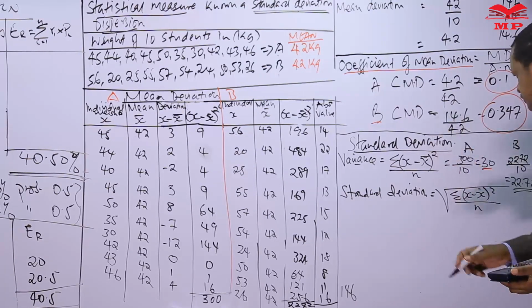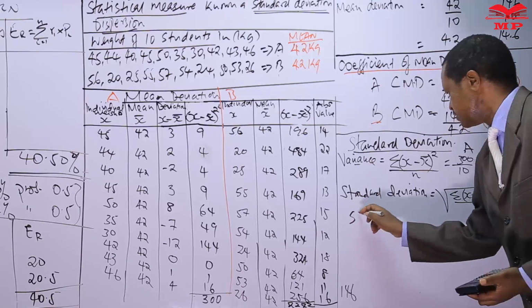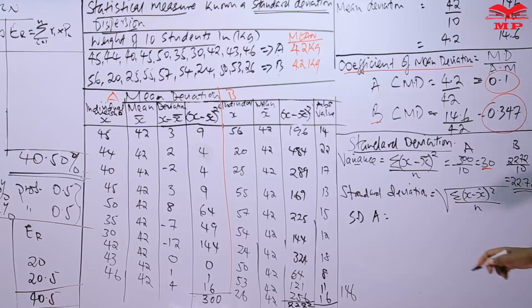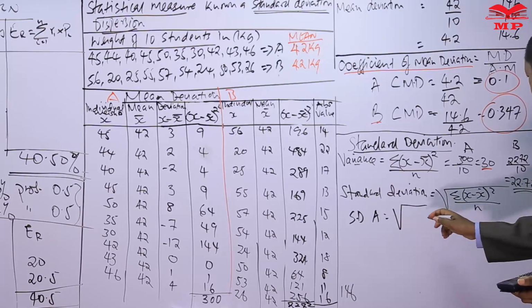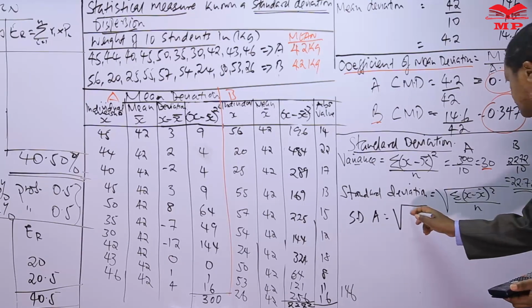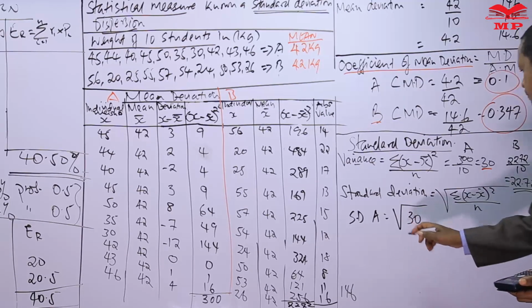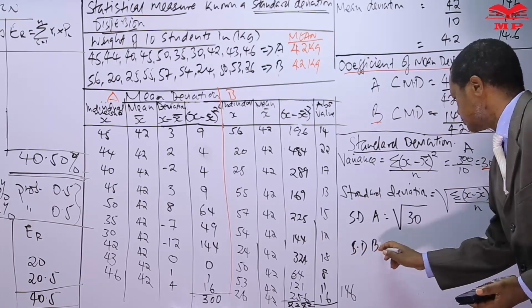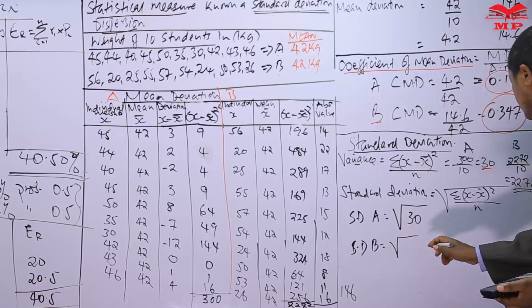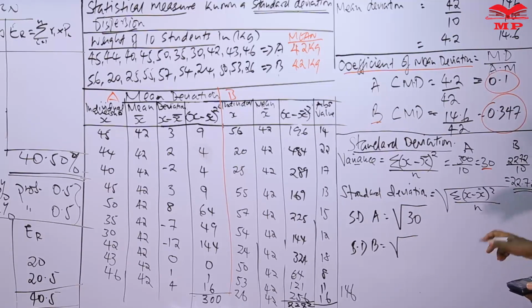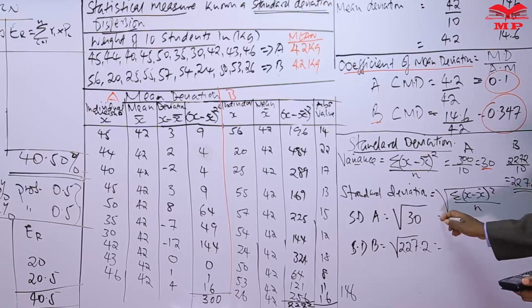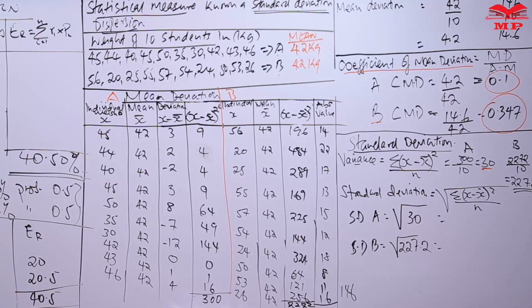So for class A, the standard deviation will be equal to the square root of 30. Class B will be the square root of 227.2, and this would be equal to square root of 30.